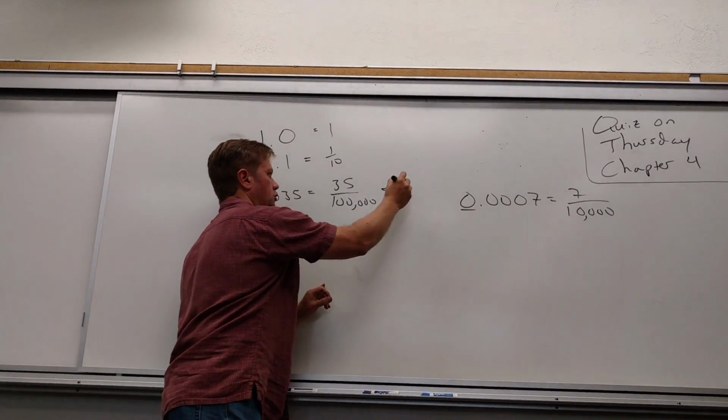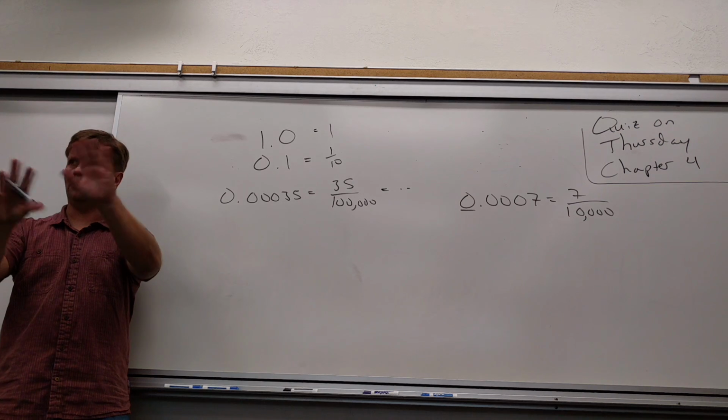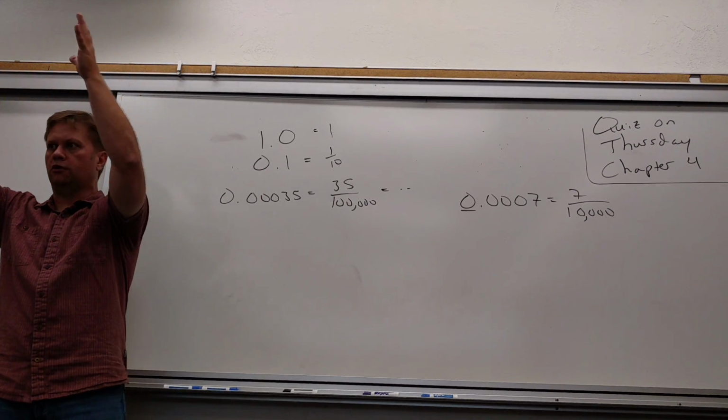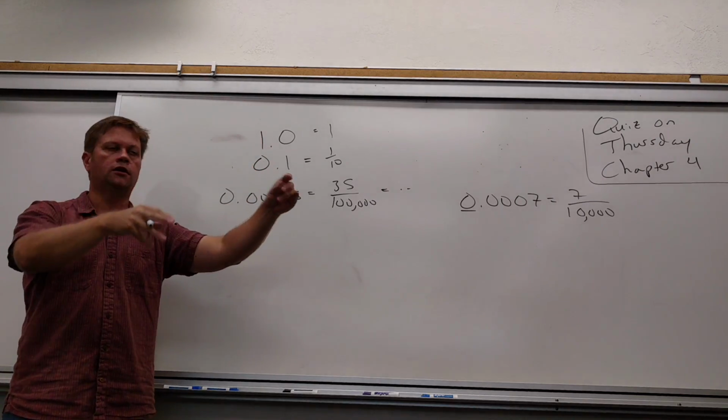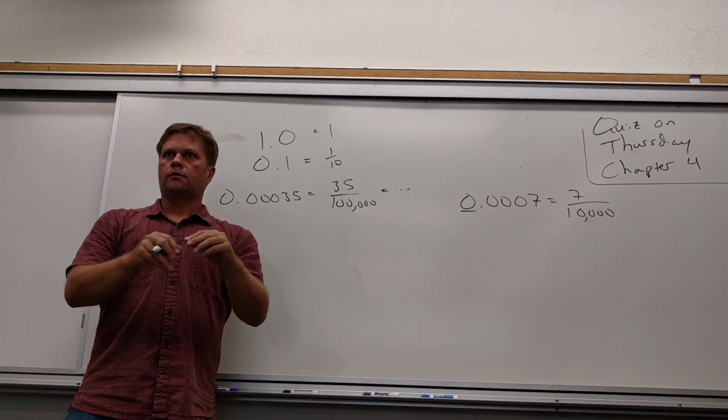Now you could then reduce it. Right now I'm not even talking about reducing it, because we already went through the fraction chapter, but you can reduce it. I'm mostly concerned right now with just going from decimal to fraction, and then if I can reduce it, I could. I might sometimes.